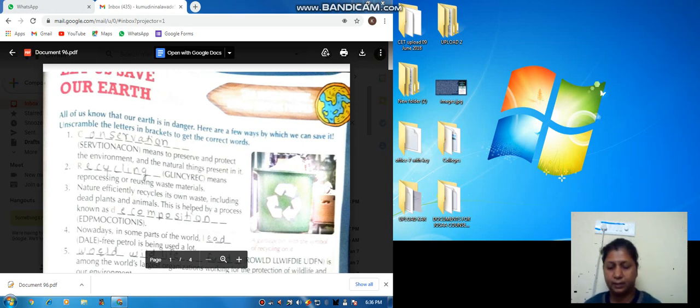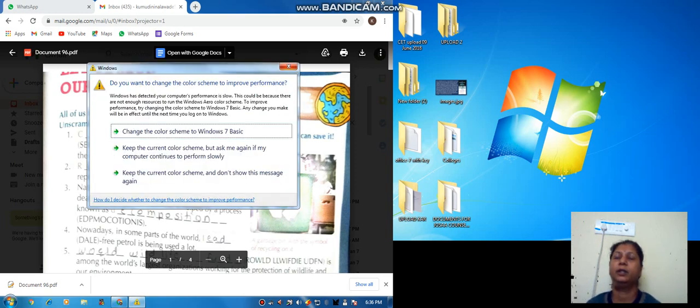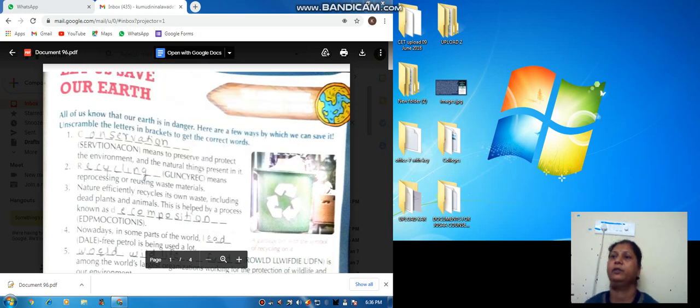Dash dash is among the world's largest organizations working for the protection of wildlife and environment. Now, you can see so many wild animals are vanishing. Their numbers keep decreasing, such as tigers and so many beautiful birds and animals. They are becoming rare. There are so many reasons, including the environment.